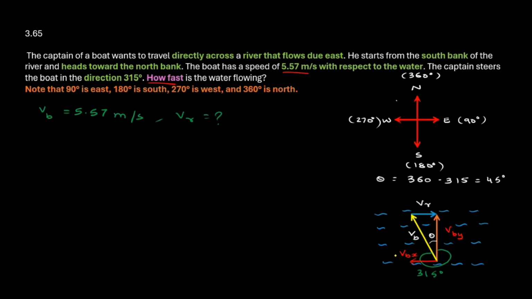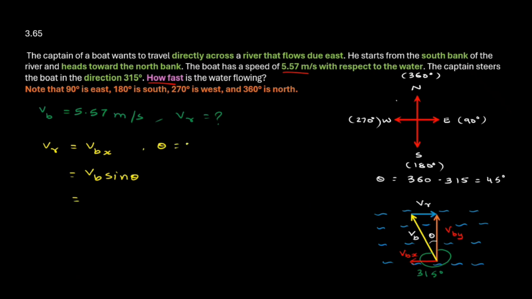So we know from the figure that the x component of the boat's velocity must be equal to the velocity of the river. So we can find the velocity of the river by finding the x component of the boat. The x component of the boat's velocity can be calculated by taking VB sine theta, as the velocity of river is opposite to the angle theta, which is the x component.